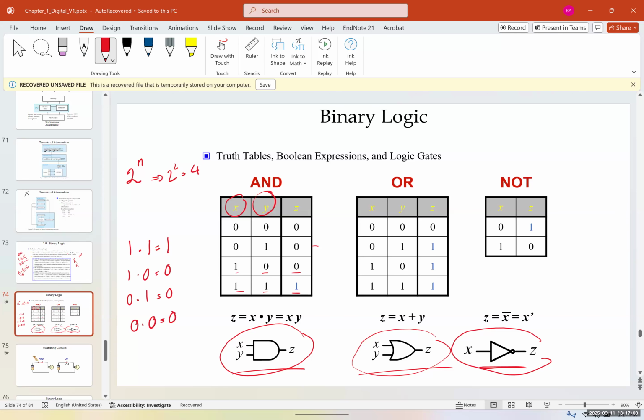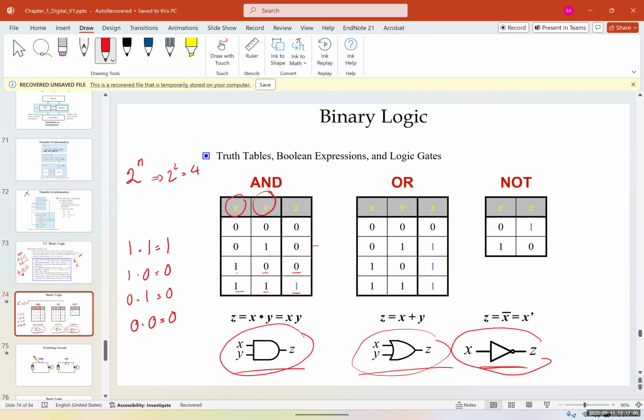Now, the OR logic gate is shown with the plus sign. So Z is equal to X or Y, or X plus Y, and we show it with this symbol. And for an OR logic gate, again, 2 to the power of 2 gives 4 different combinations. 0 plus 0 gives us 0. 0 plus 1 gives us 1. 1 plus 0 gives us 1.